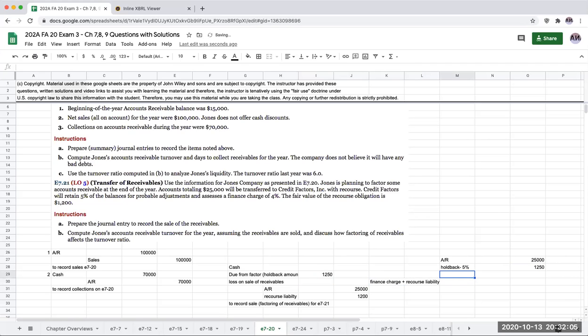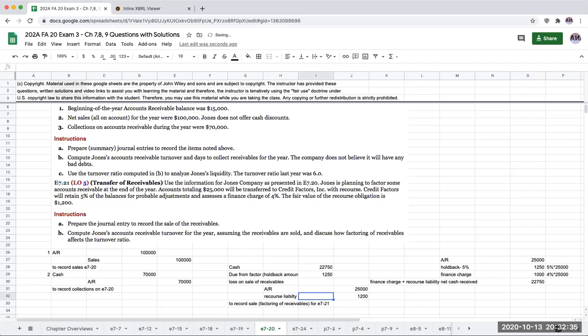So this right here is what we're going to call the due from factor. And then at the same time, there's going to be a finance charge. The finance charge is going to be 4% of the $25,000, or $1,000. So my net cash received as a result is going to be $25,000 minus the holdback minus the finance charge, or a total of $22,750.